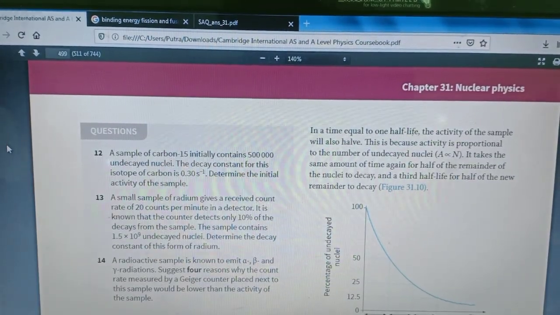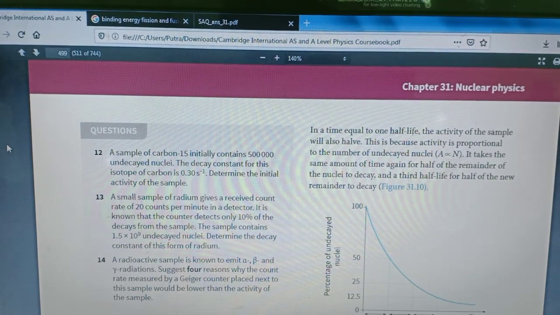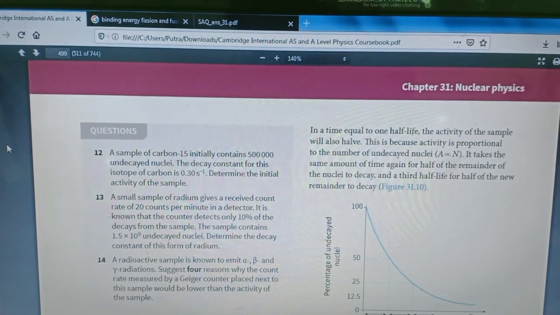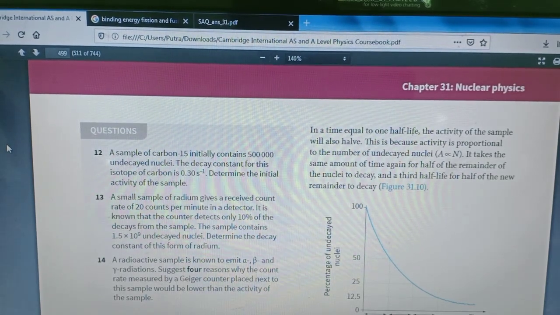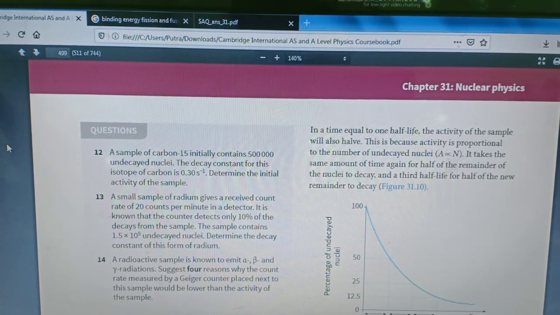Next, for number 13: a small sample of radium gives a count rate of 20 counts per minute in a detector. It is known that the counter detects only 10% of the decays from the sample, not 100%. So that 20 counts per minute is only 10%. The sample contains 1.5 times 10 to the power of 9 undecayed nuclei. That is the N. Determine the decay constant of this form of radium.